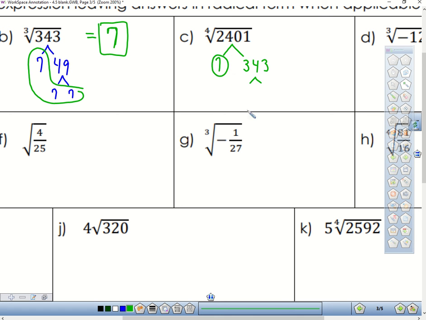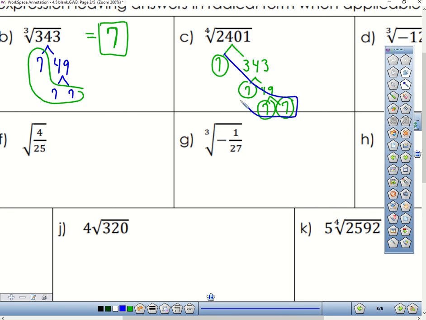And then from previous experience with letter B, what do we know that 343 breaks up into? 7 and 49. And then of course we know that 49 breaks up into what? 7 and 7. Now if this is a 4th root, we need a group of 4. And if it gets grouped up in 4, we know it gets to leave as 1 of that group. So the answer here is 7.